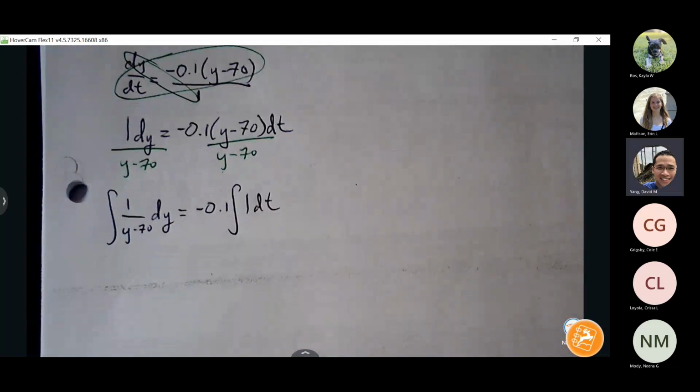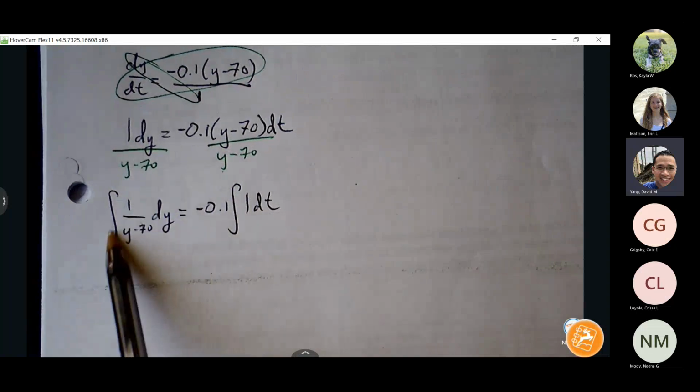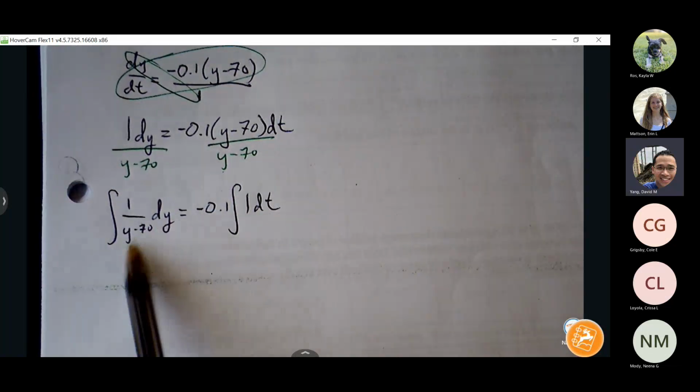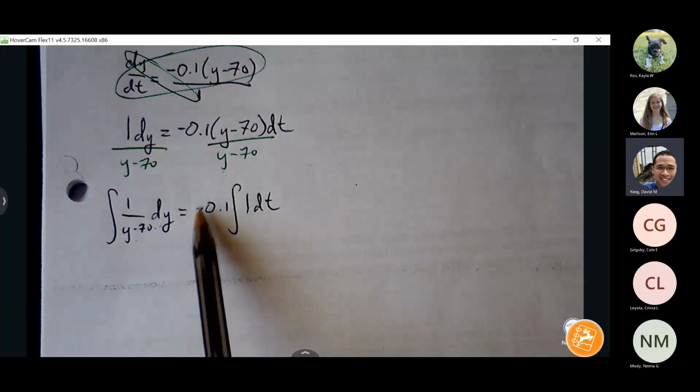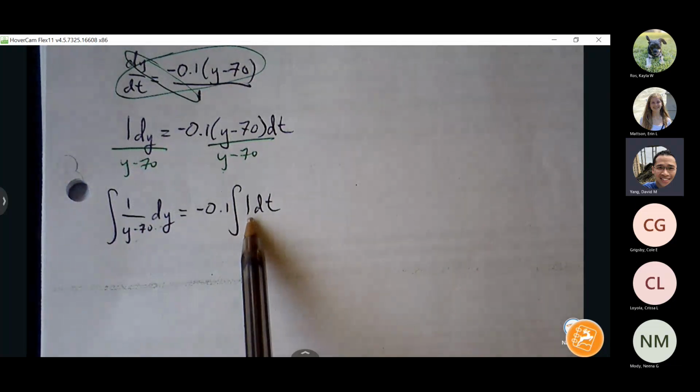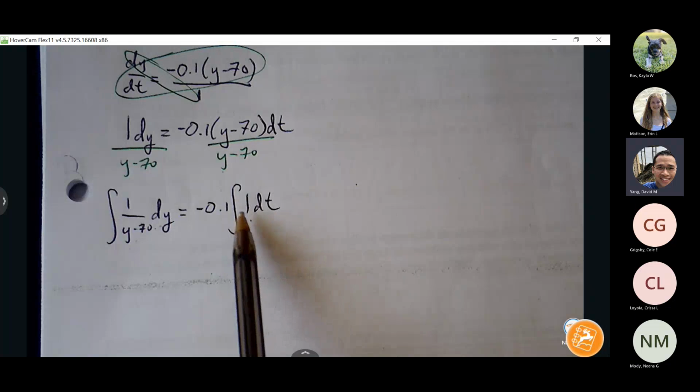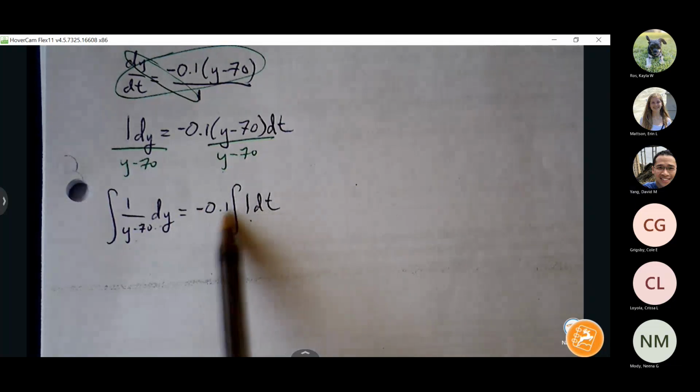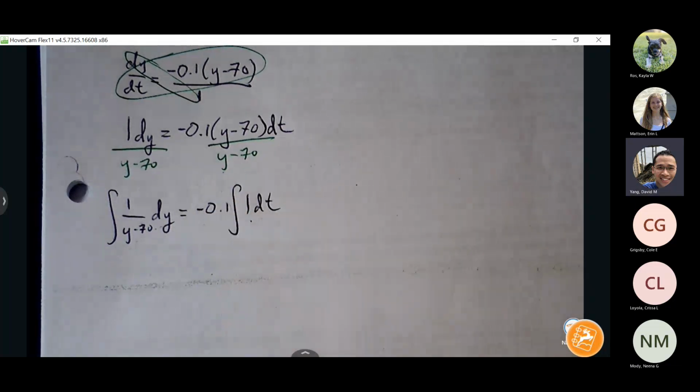So I separated things in a way where I feel like it's a little bit easier to read. I can understand this is my u substitution. It's going to end up being 1 over u. I pull that negative 0.1 out. I've purposely put a 1 here as a reminder. Really, I'm just taking the antiderivative of 1 dt. And that negative 0.1 is just hanging out.